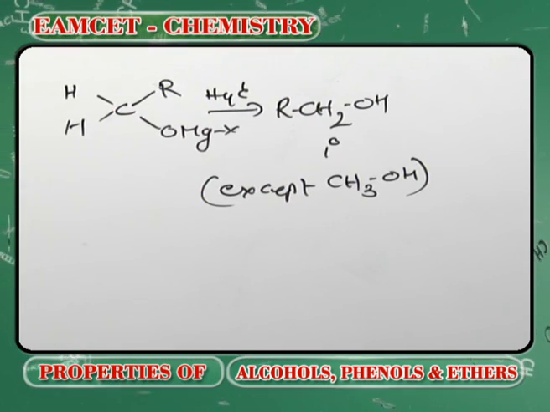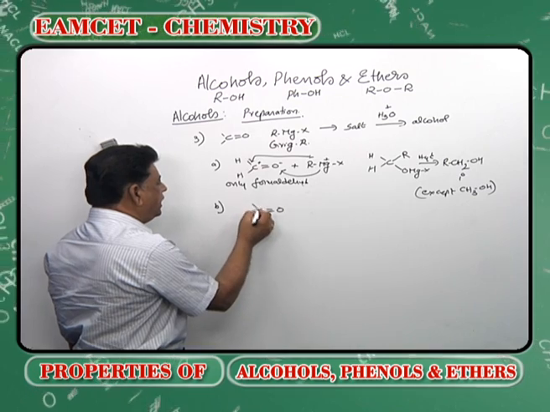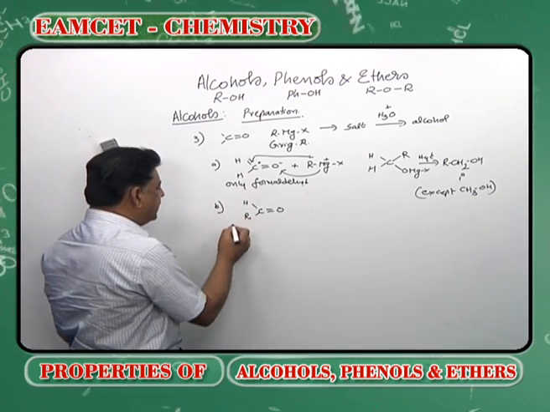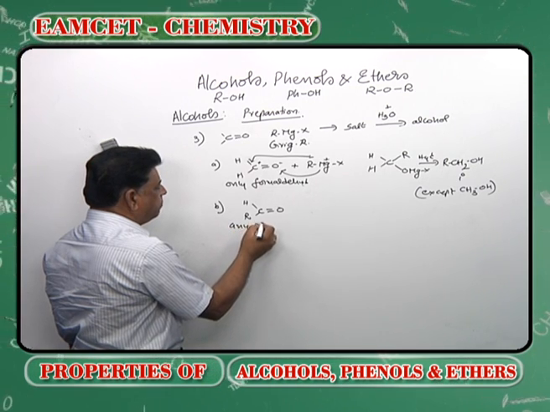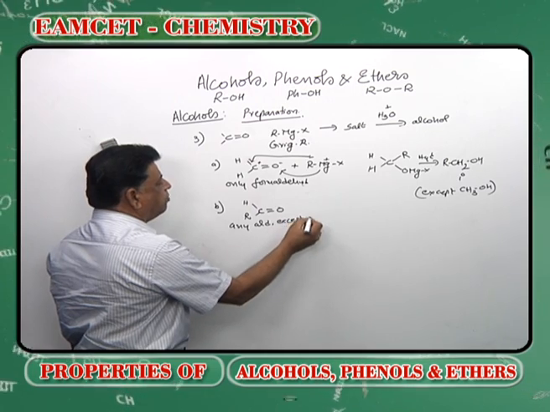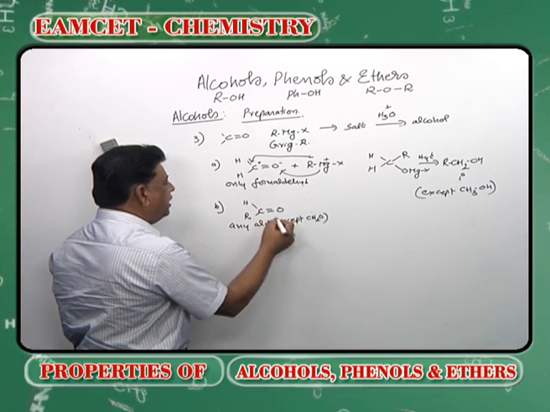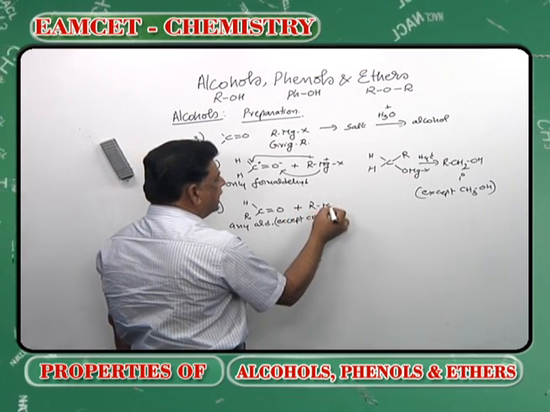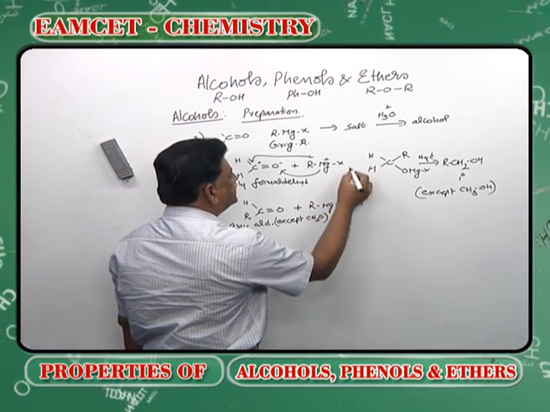The second method is you have to choose an aldehyde, but not formaldehyde. You can generalize this as any aldehyde except formaldehyde. Similarly, you add RMgX and hydrolyze it. You will get a salt.